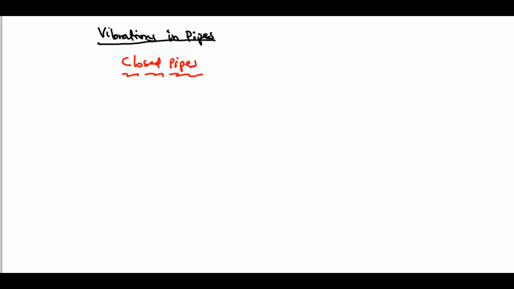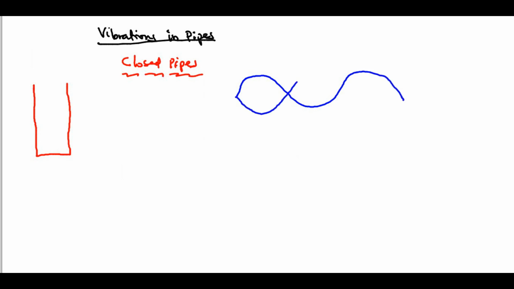Okay, so we're considering the closed pipes, and one of the first things that we want to look at is which is going to be the most basic configuration of standing waves in the pipe. What is going to be the most basic? Remember that when we talk about waves, they are always sinusoidal, and if we complete them to become a standing wave, we'll have something like this.